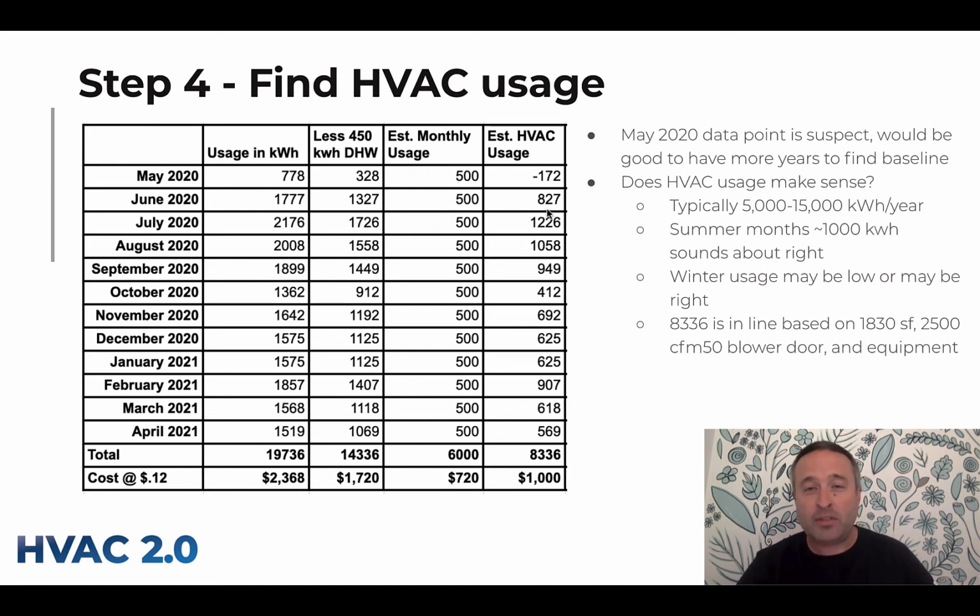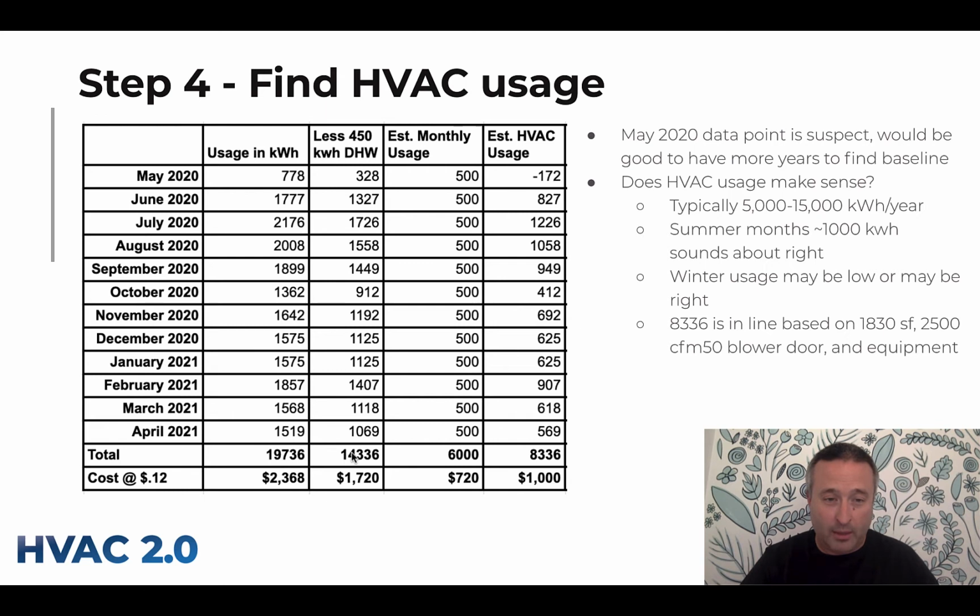Now, next you want to see, do these numbers pass the sniff test? So HVAC usage is typically 5,000 to 15,000 kilowatt hours per year, depending on your climate and the house. So we're using about 8,300 kilowatt hours of electricity for HVAC in this house, because we start with almost 20,000.